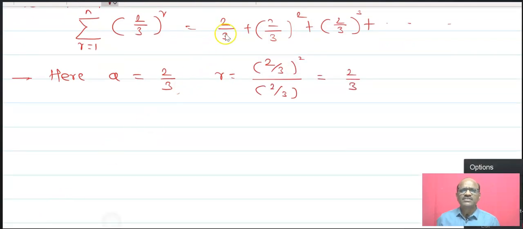Here the first term is A is equal to 2 upon 3, and R is equal to 2 upon 3 bracket square upon 2 upon 3, that is R is equal to 2 upon 3. Now the value of mod of R is less than 1, therefore we apply the formula.